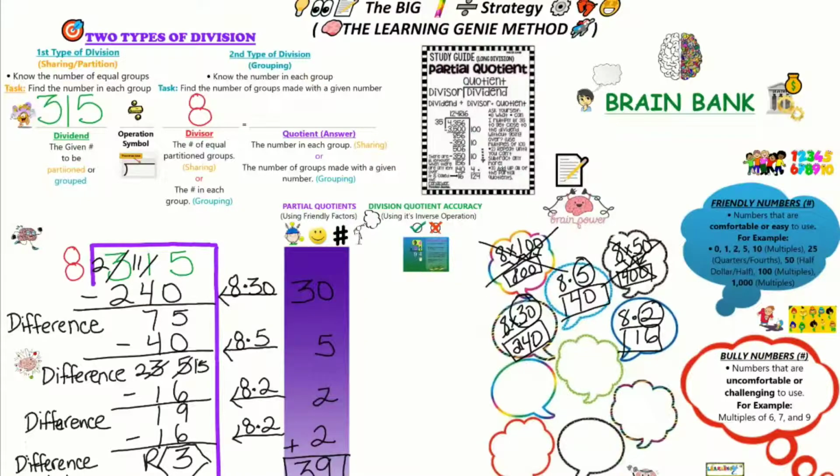The way that works is you take the quotient, you multiply it by the divisor, and then if there's a remainder, you add the remainder. Let's try it. 39 times 8.